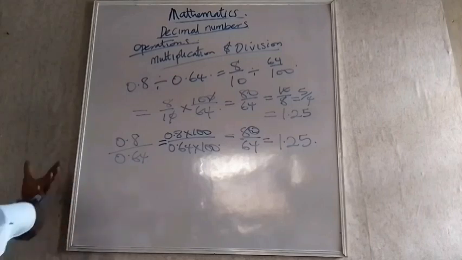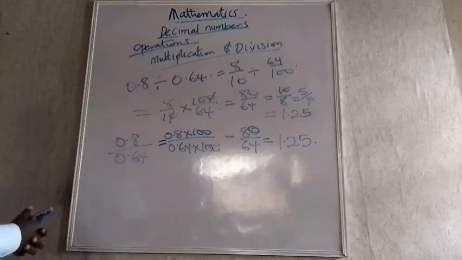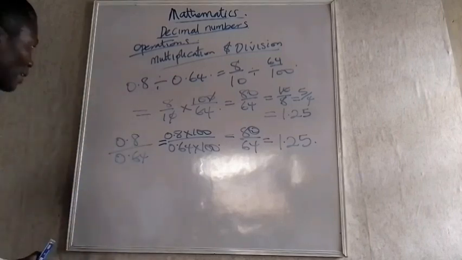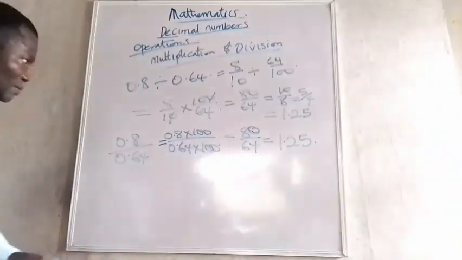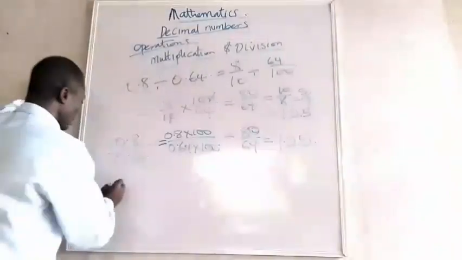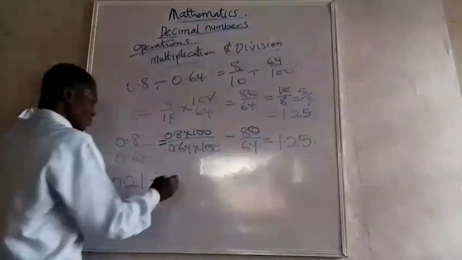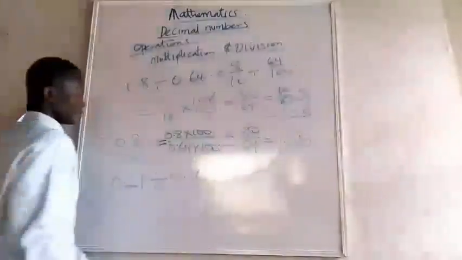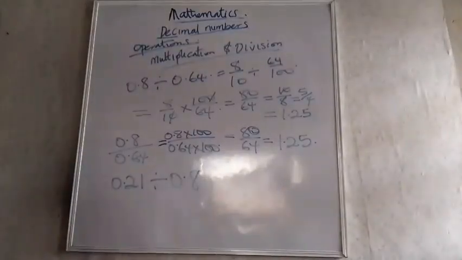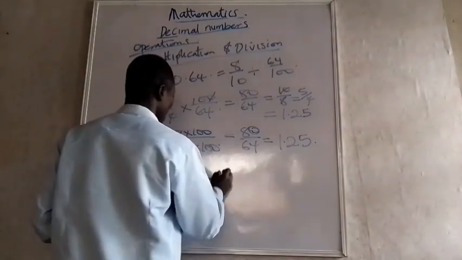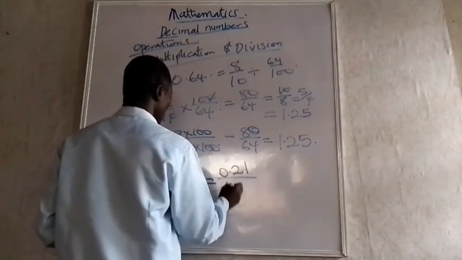The division can still be recurring or unending, like we discovered the other time, but the same principle applies. If you have something like 0.21 divided by 0.8, it's going to give you 0.21 over 0.8.